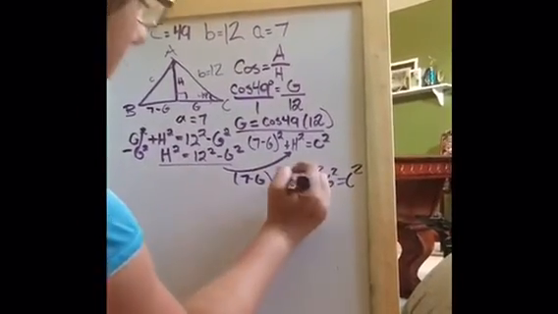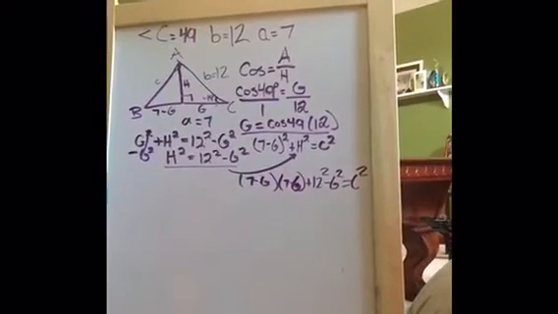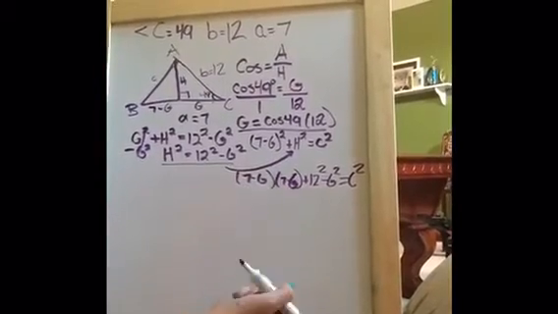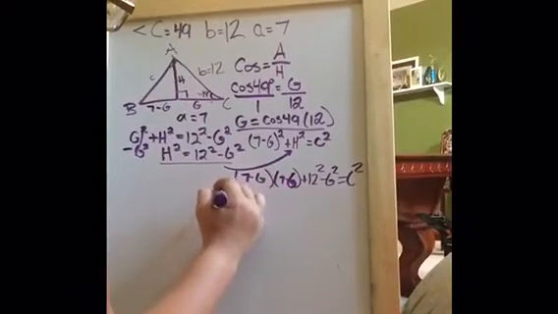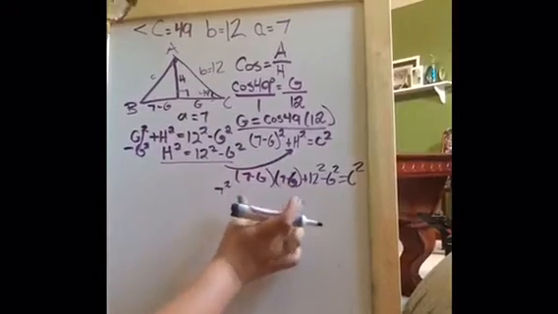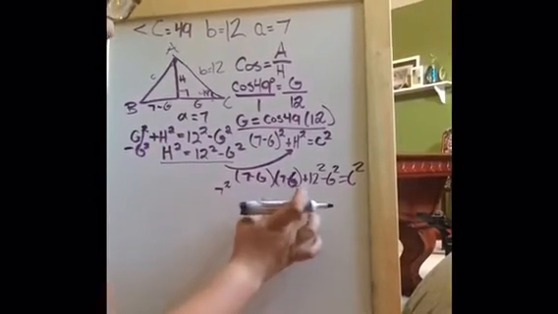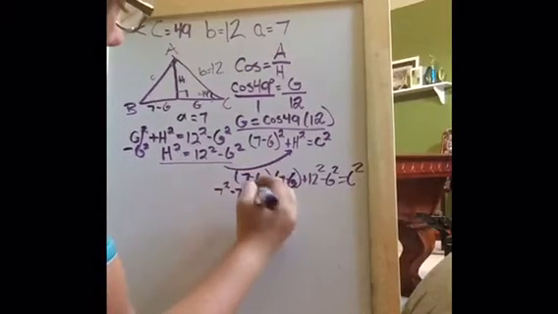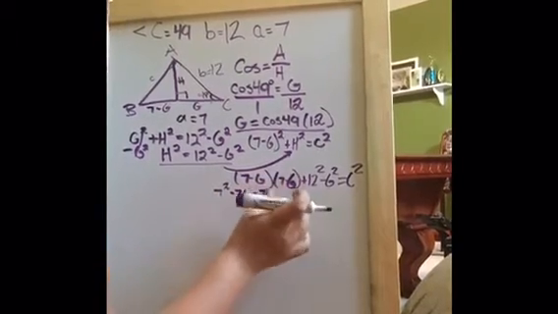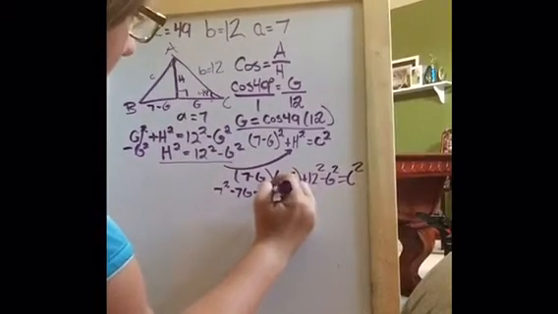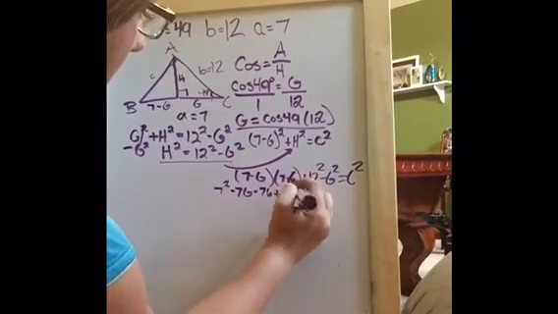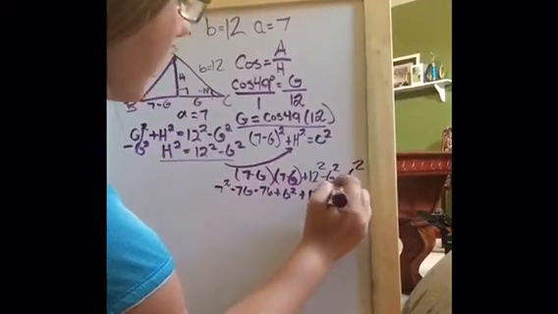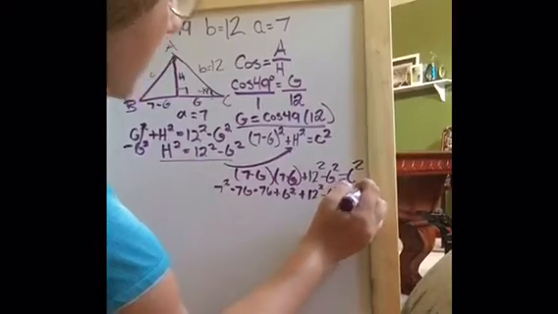Now you can FOIL these two. Your first, I'm just going to leave that as 7 squared. Your outer, which is minus 7g. Your inner, which is minus 7g. And your last, which is plus g squared. Then add 12 squared minus g squared equals c squared.